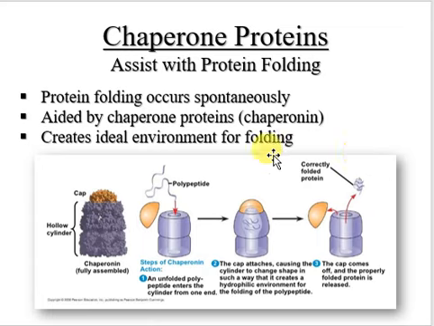So what happens is a polypeptide that's unfolded will enter the cylindrical chaperone from one end at the detached cap, and then the cap attaches, which causes the cylinder to change shape in such a way that it creates a hydrophilic environment for folding of that polypeptide. And then once it's gone through folding, the cap will come off, and the properly folded protein is released.